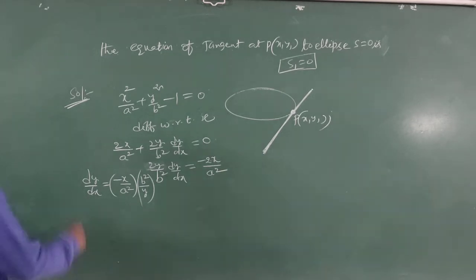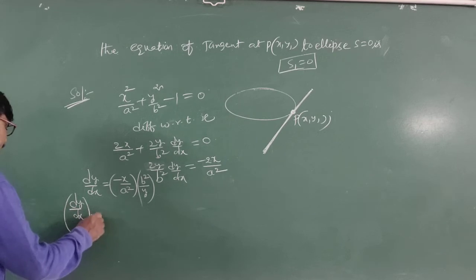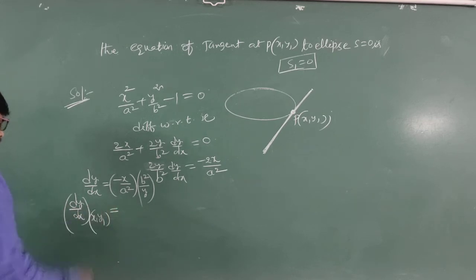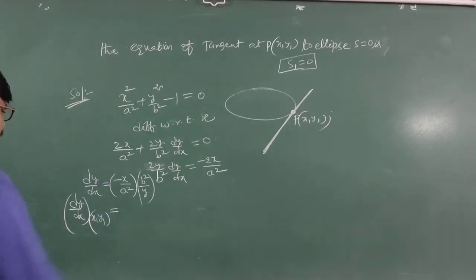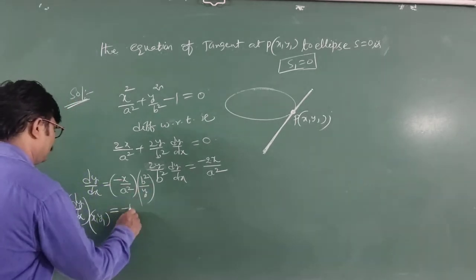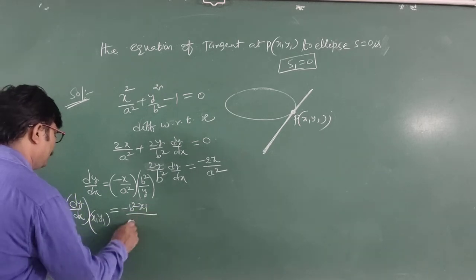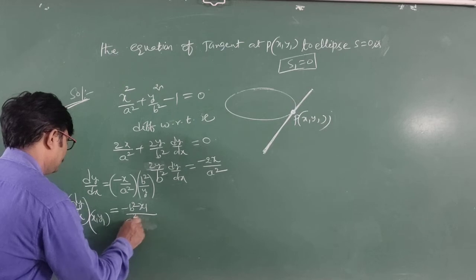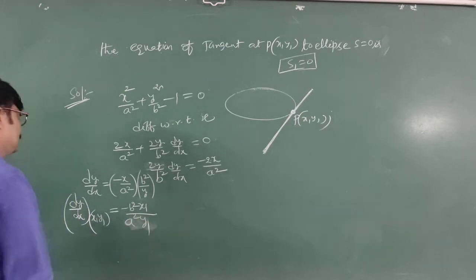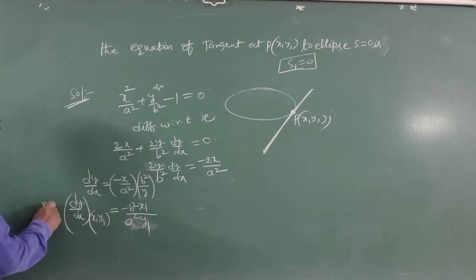So the dy by dx at the point (x1, y1) is minus b square x1 upon a square y1.